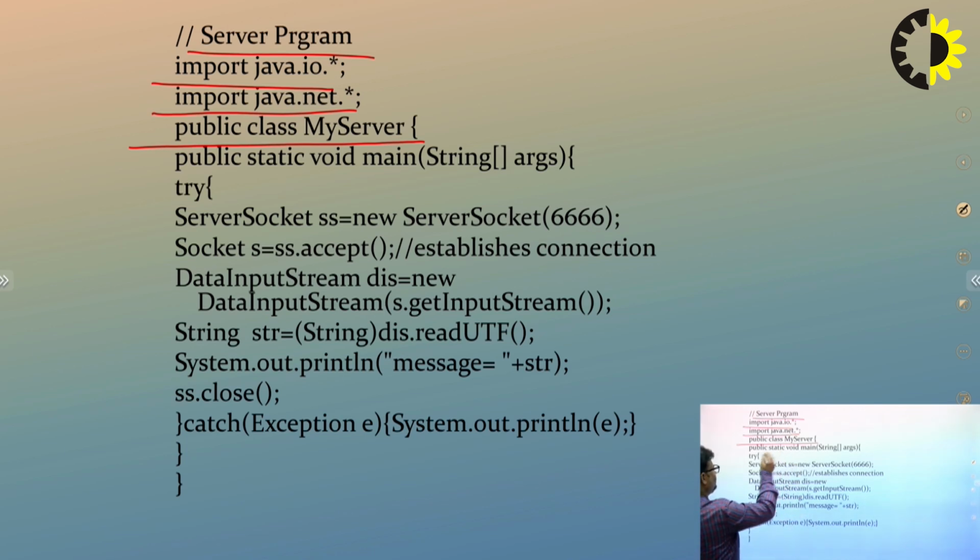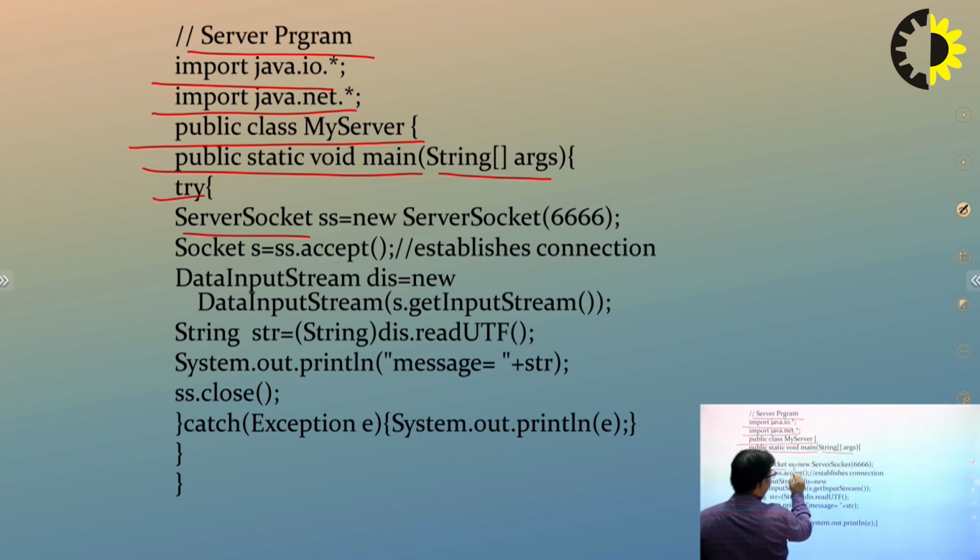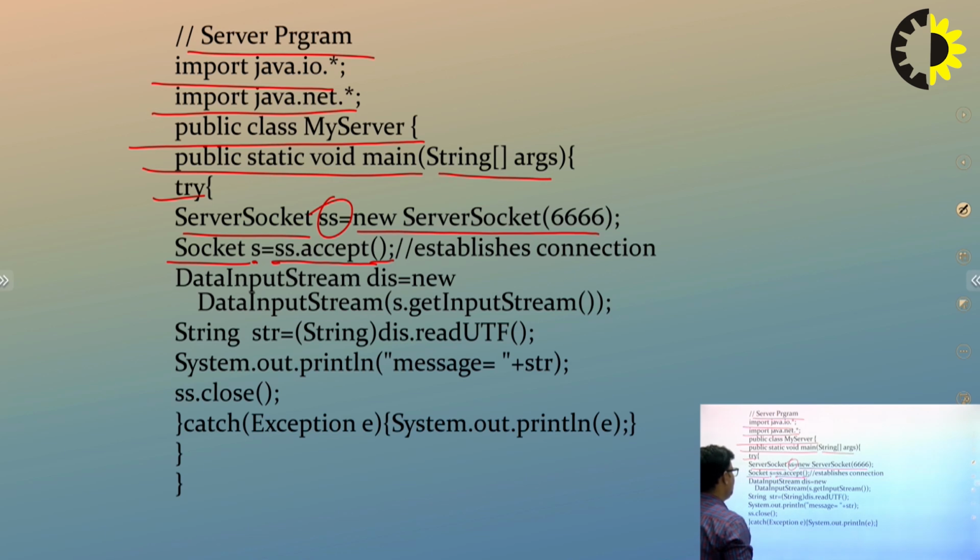Here we will create a MyServer. Then public static void main(String args), try, ServerSocket ss is the object. ServerSocket is a class, and we create an object, new ServerSocket, and pass 6666. Then Socket s equals ss.accept. This is the method that establishes the connection.